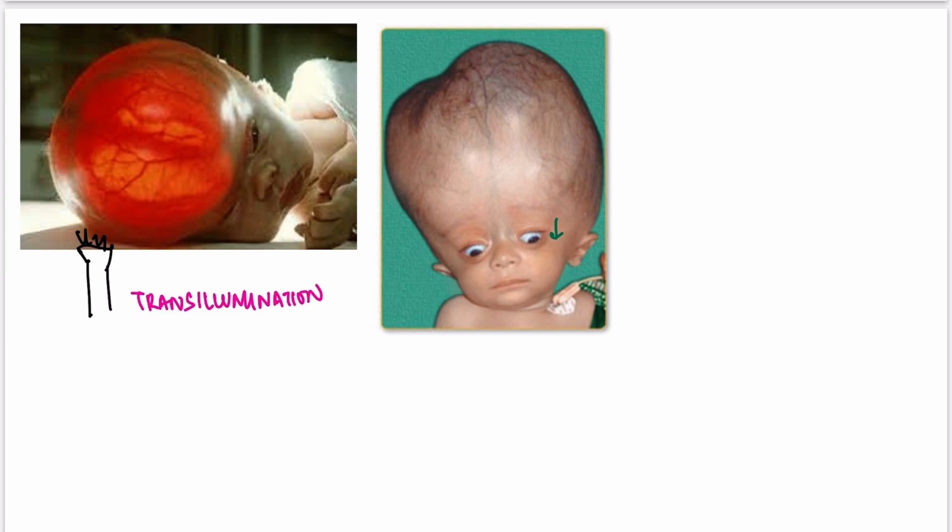And look at the eyes of this child looking down. This is known as sunset sign. And if I percuss over the skull of this child, I'm going to hear a crackpot resonance. All of this you are going to see in hydrocephalus, where there is an increase in the amount of CSF.